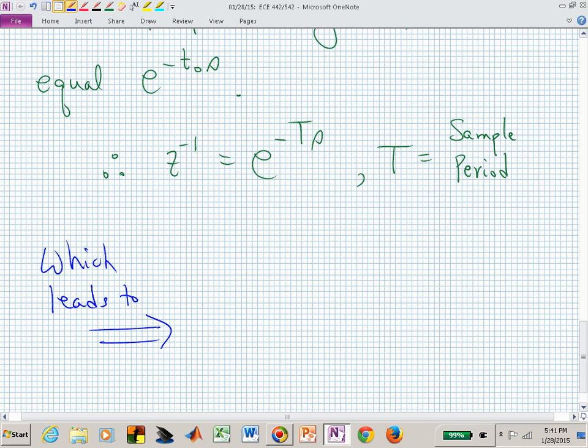If z inverse is e to the minus Ts, what is z? We're just changing the exponent, aren't we? We're changing the sign.